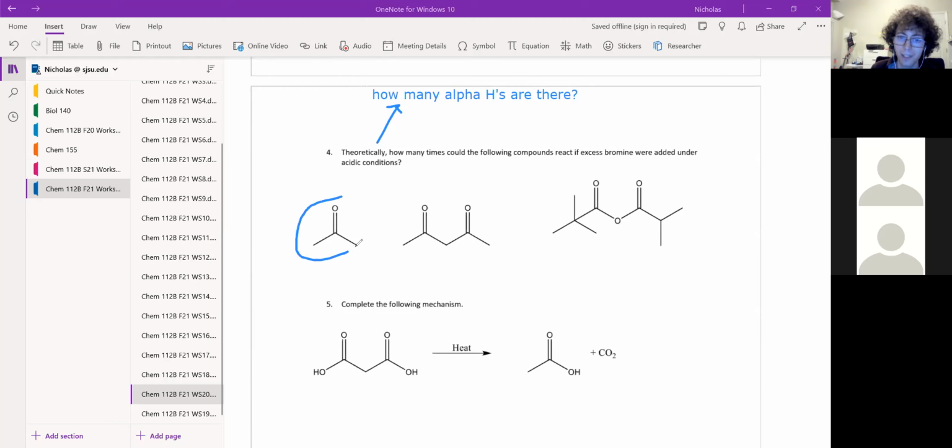So how many alpha hydrogens are on this structure on the left? 6. There's 3 on both sides. How many in this one?